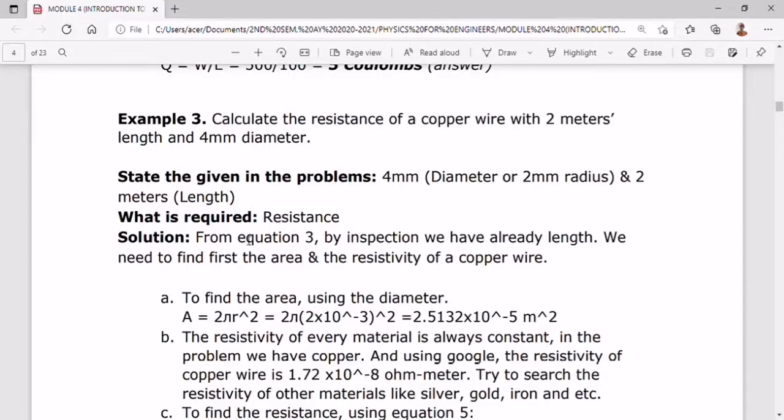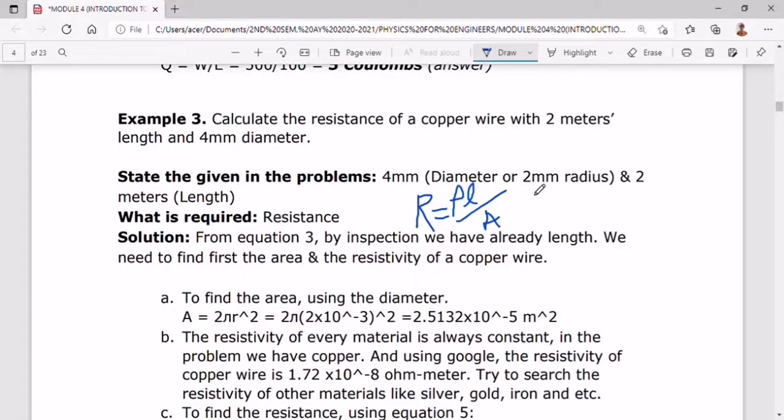If we're going to solve this problem using equation number 3 that was discussed a while ago, by inspection we already have the length. Again, let us recall the formula for the resistance for equation number 3. We know that the resistance is equal to the length times rho divided by the cross-sectional area.